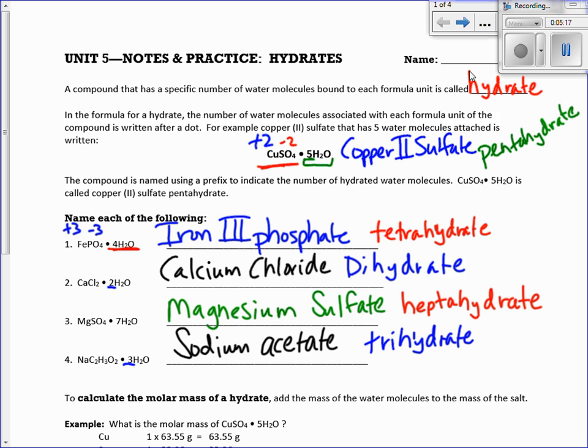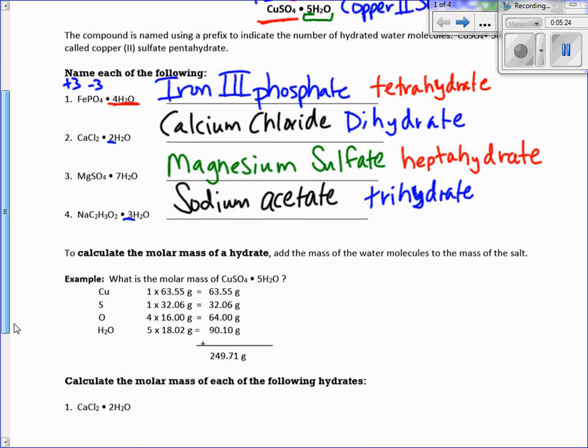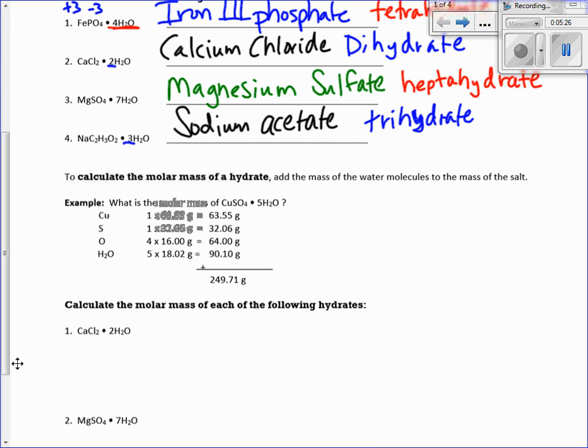Now, continuing on with our next section, just calculating the molar mass. The molar mass is not difficult to do. You do the molar mass of the beginning part just like you would normally do. So we would do Ca equals 40.08.